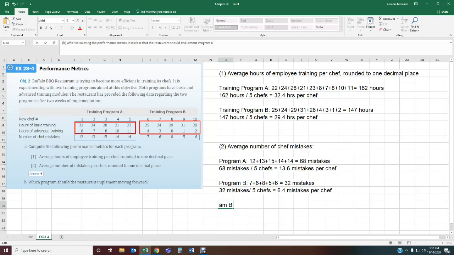It's 29 versus 32. And then they have less mistakes. They have 6.4 mistakes versus 13.6 mistakes.